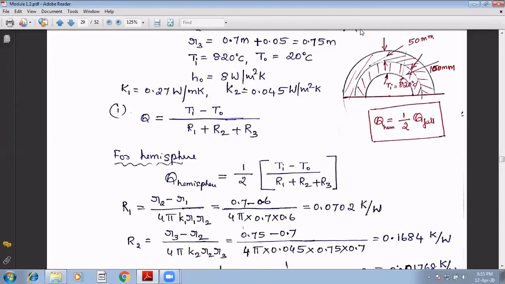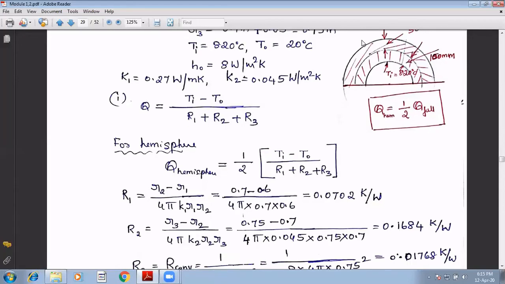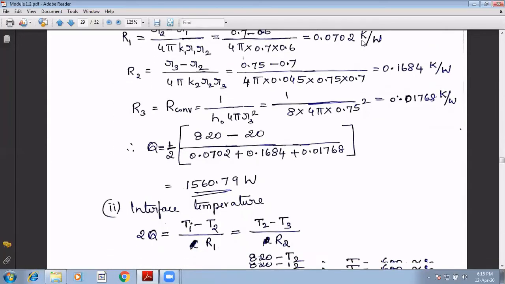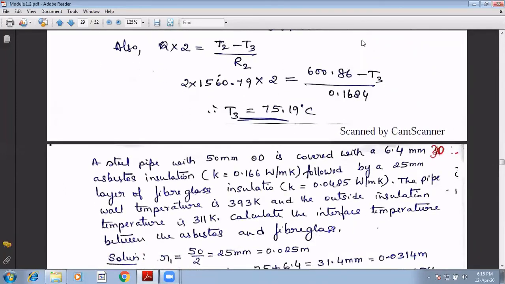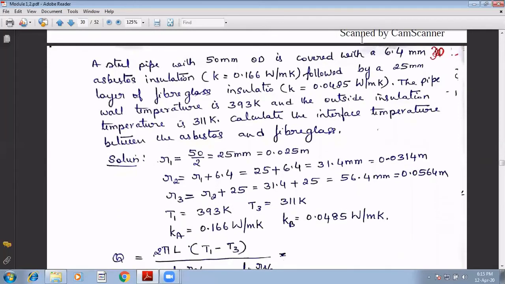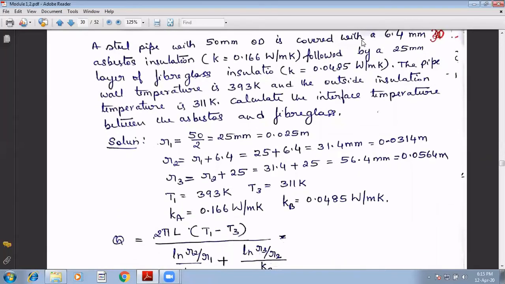So here T1 is 820 or Ti, T2 you calculated around 600, T3 75, and this is 20. So heat is flowing towards the lower temperature region. So this problem is similar to the previous, but this is based on cylinder.